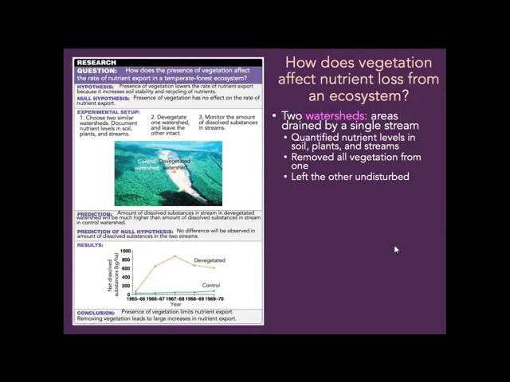I mentioned before that humans can have large effects on nutrient cycling. So let's look at an example of a research project that asked, how does the presence of vegetation affect the rate of nutrient export in a temperate forest ecosystem?